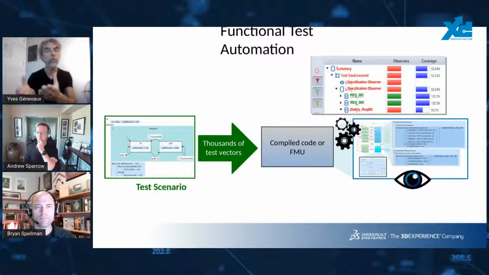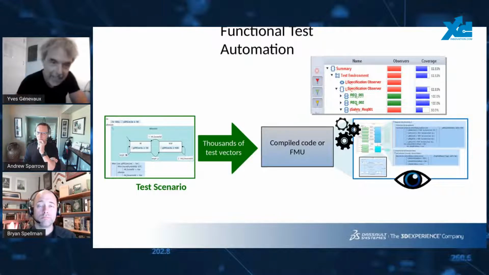And you put the spec into an observer. Any violation of any requirement for any execution and any cycle of this execution is detected automatically, which is much better than the current practices. Immensely more effective.